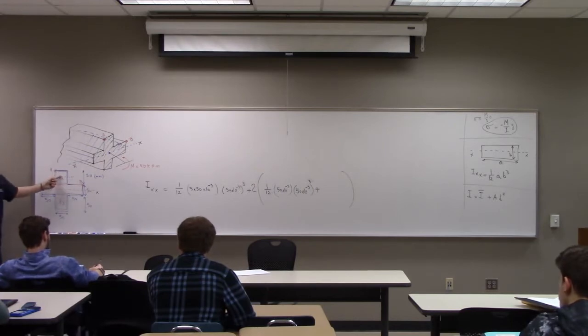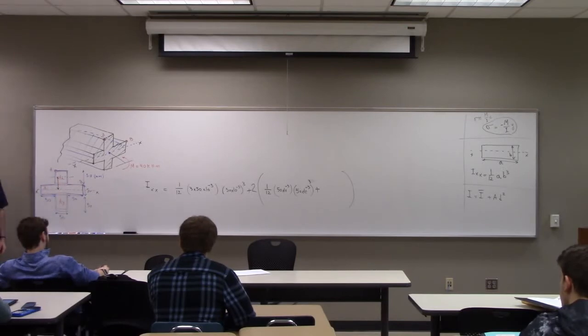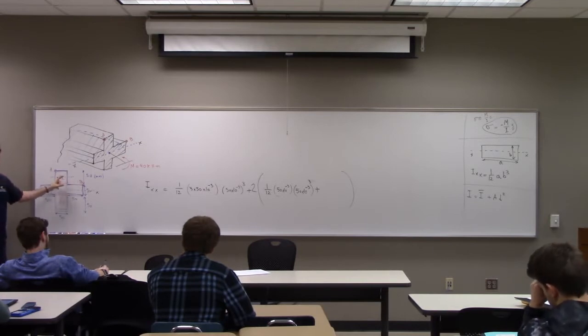Then you have to transfer it. What is your d in that formula? The distance between the local centroid and the global centroid is from here up to here. So what is that? 25 here, 25 here, 50.